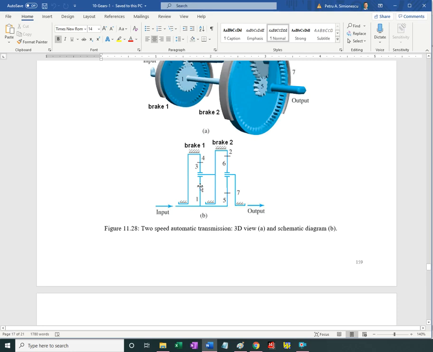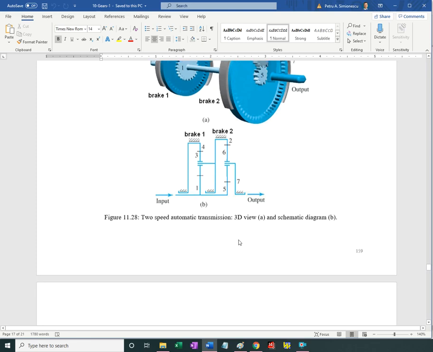Number 3 has to be only a certain number so that it can sit in between 4 and 1, or more specifically, in order to have the same center distance between 4 and 3 and 1 and 3, there has to be a relationship between the number of teeth of 1, 3, and 4. Okay.